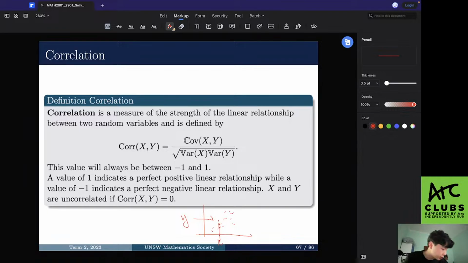If these variables end up forming a line in the positive gradient, that gives us a correlation of 1. If it's a line in the negative gradient, that's a correlation of -1. And how closely it forms a line gets us how big or how small our correlation is. And a correlation of 0 means that the data points don't make a line at all.